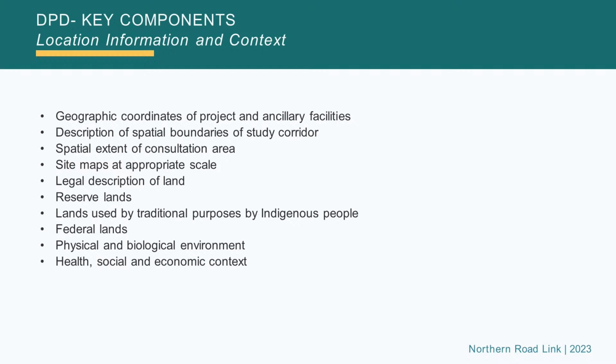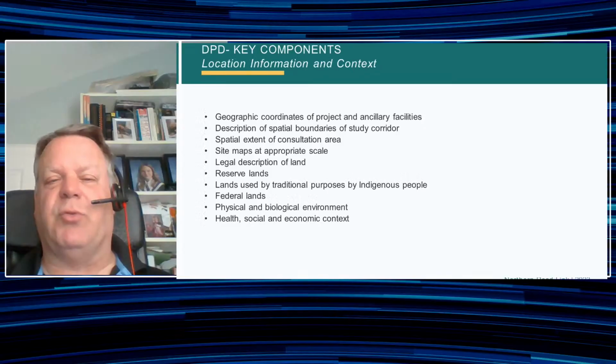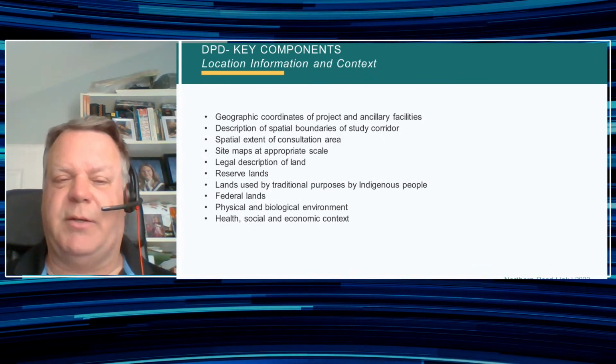Federal lands, physical biological environment, so sort of painting that picture, describing the physical and biological environment of the area within which the project sits, health, social, and economic context or environment as well. So a lot of information required to help identify and characterize the location of the project.